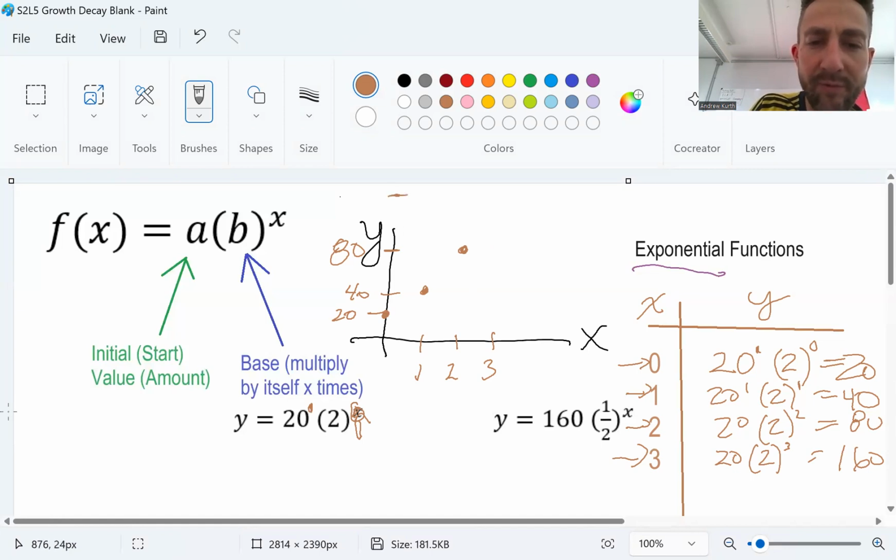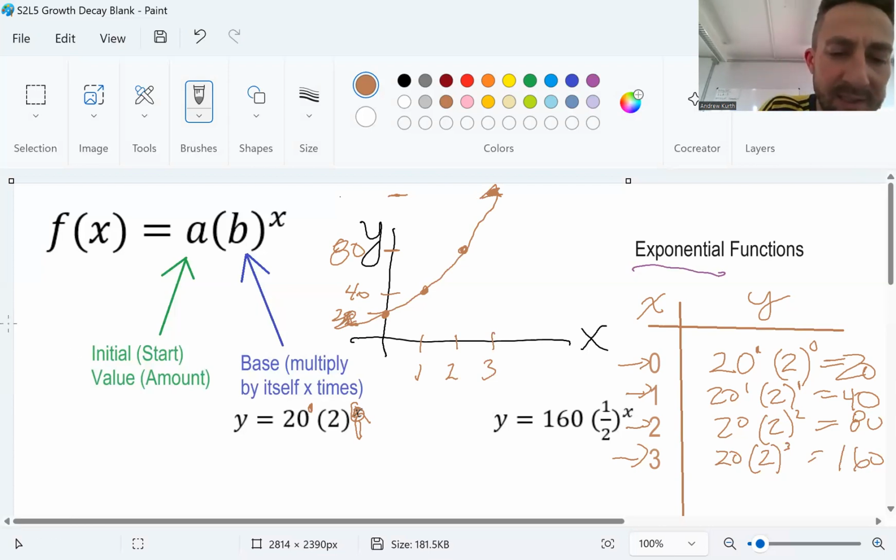This would be about 140, but it would be even higher, kind of like here. So if we were to try to continue the curve, it looks something like this. And I think at this point, you figured out that this is exponential growth. So see that when our base was 2, we got exponential growth.